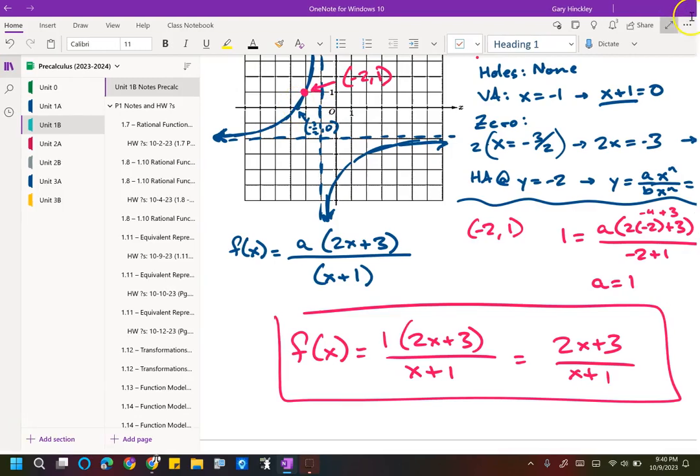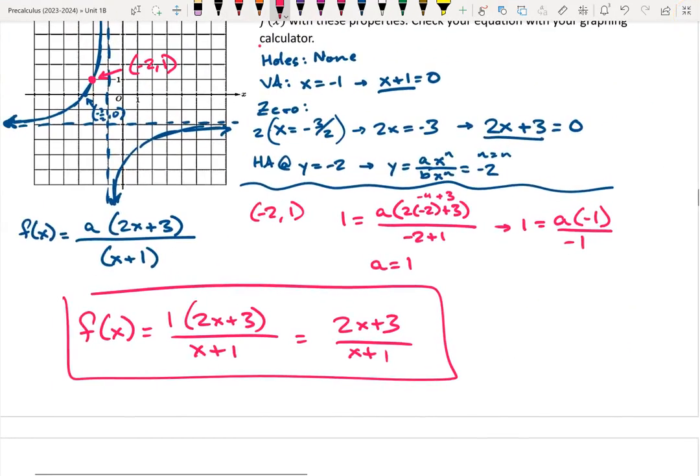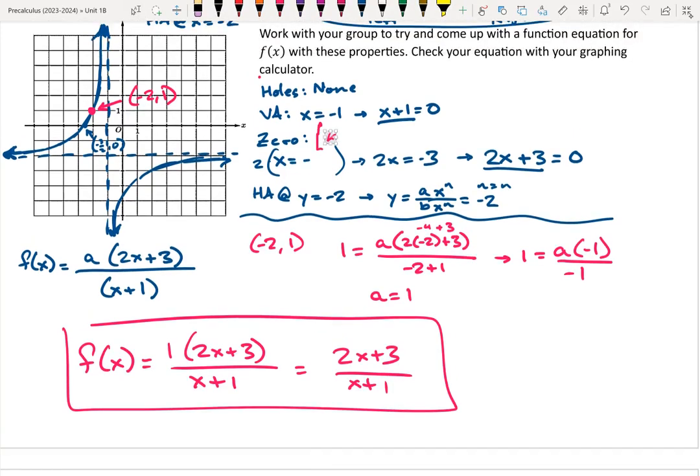So let's go ahead and do that real quick. This shouldn't have been negative 1.5. That should be negative 2.5, or 5/2, right? So let's change that to negative 5/2, which, again, just multiply everything by 2.